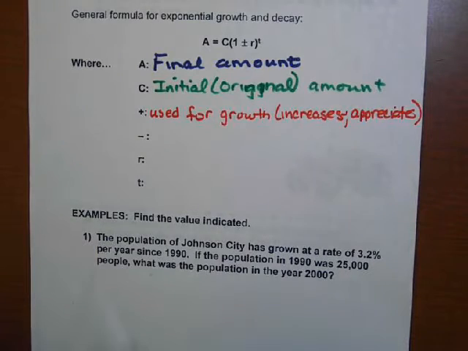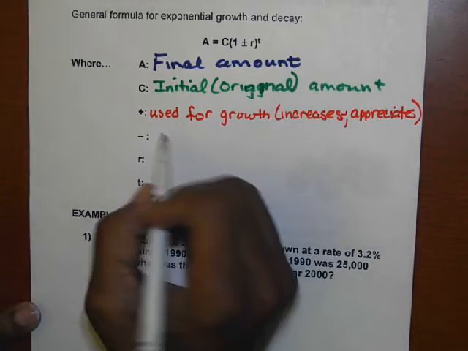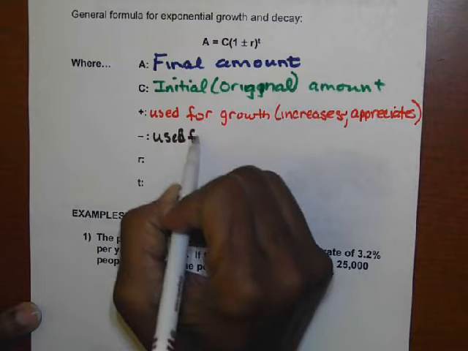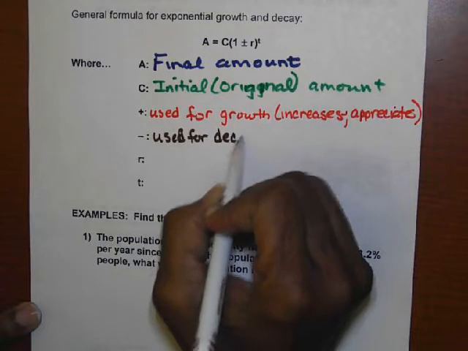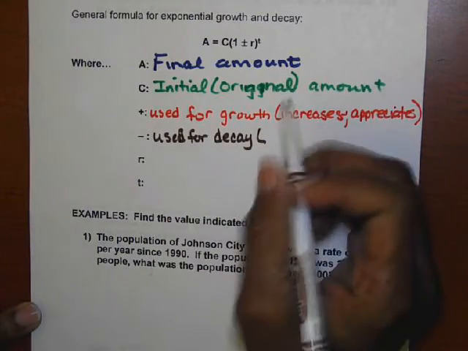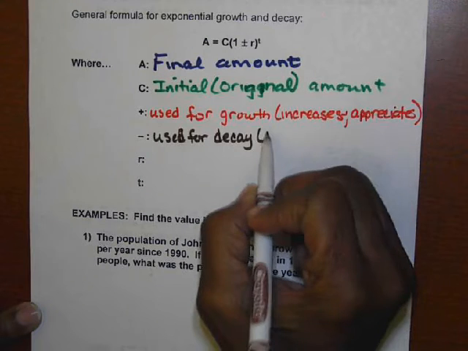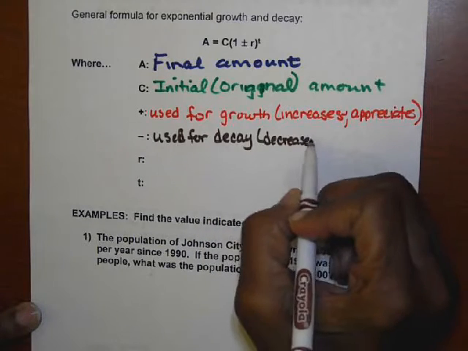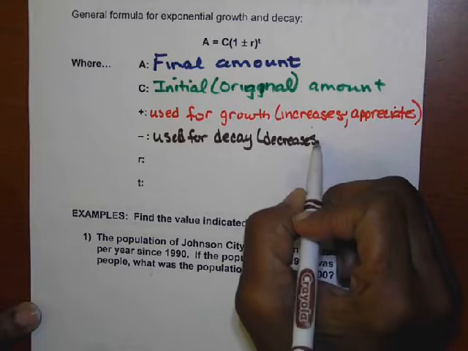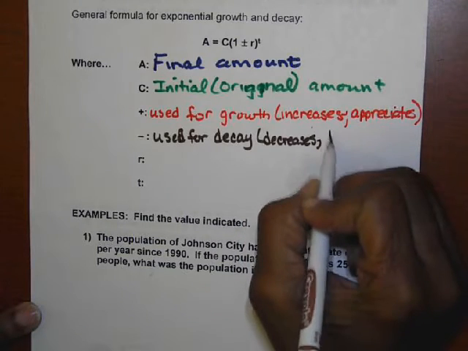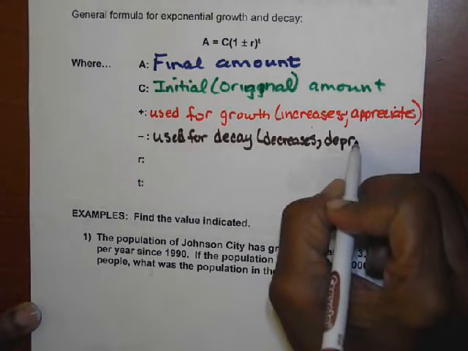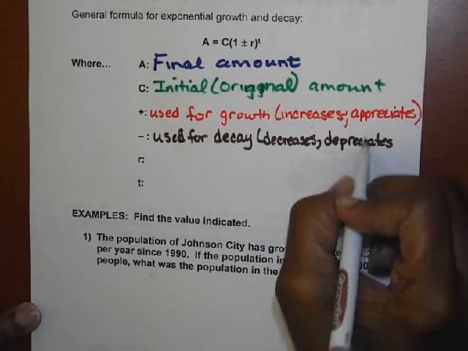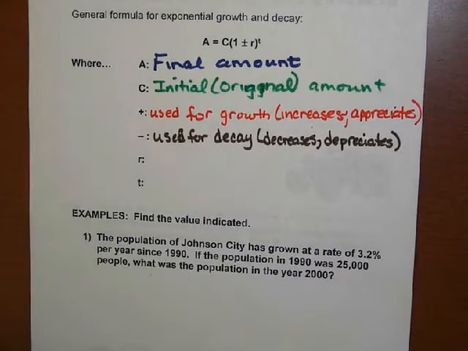Alrighty, where were we? Subtraction is used for decay. Pardon all of my errors. Just make sure you write it correctly in your notes. That means that something is decreasing or depreciating.